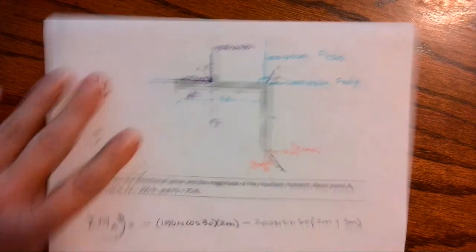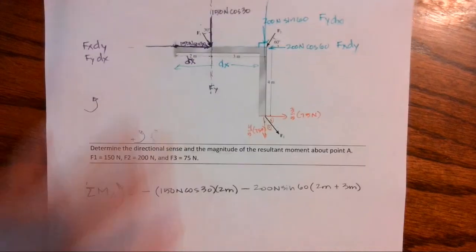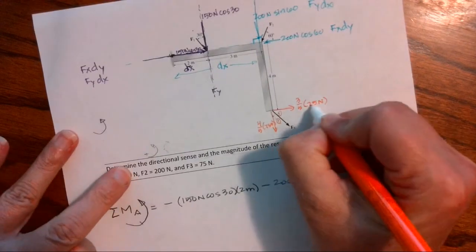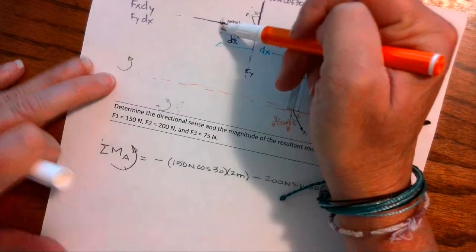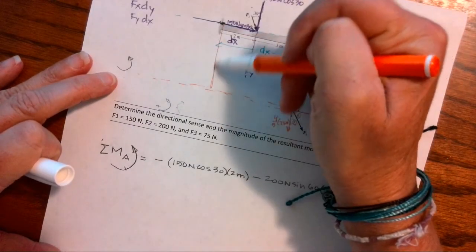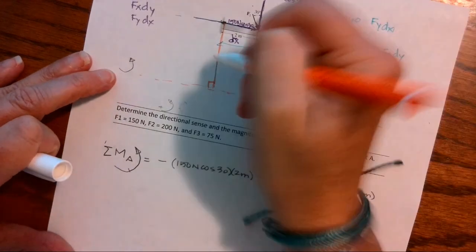Now let's come down here. We're going to start with the x. The x vector actually runs all the way from infinity to infinity, and I need the perpendicular distance to A. That's going to be straight down my y-axis. There's my perpendicular distance, and I can see that's 4 meters.